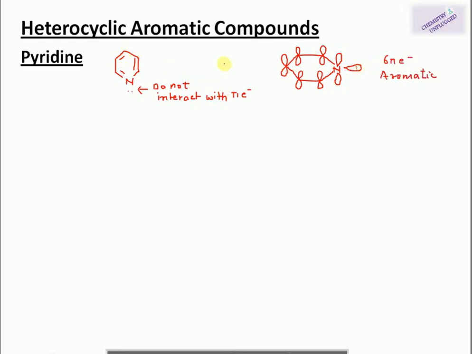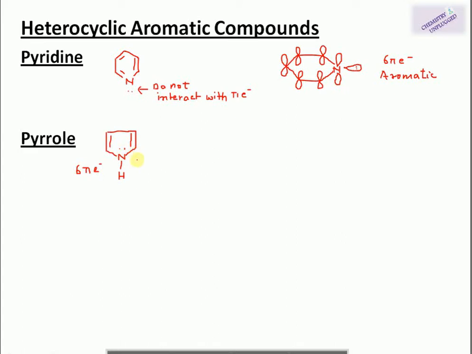Then we have pyrrole. Pyrrole has this structure and it has 4 pi electrons in the ring and 1 lone pair of electrons present on the nitrogen. And this lone pair of electrons is present in such a way that it interacts with the pi electron cloud of pyrrole. So it is also a 6 pi electron system.